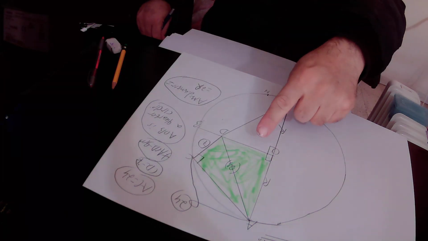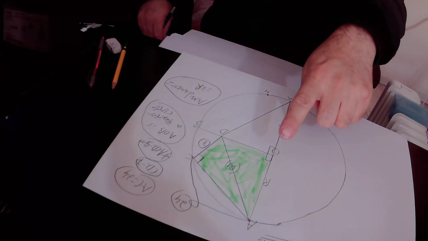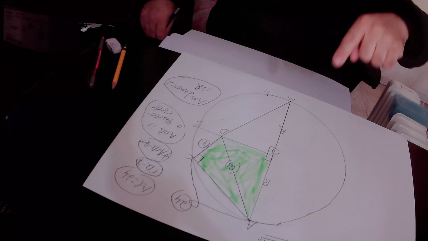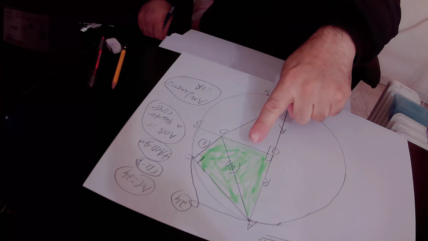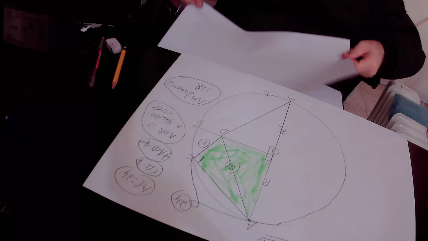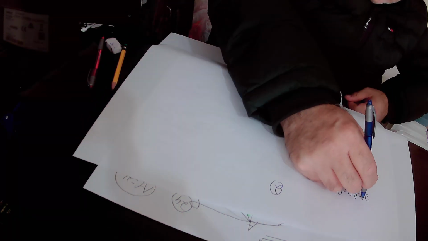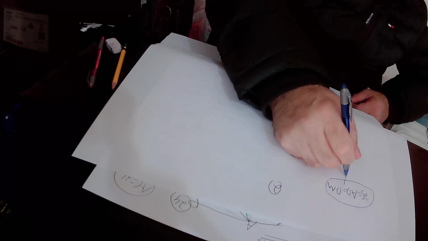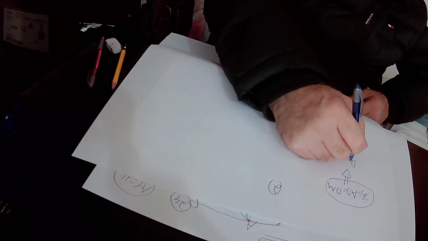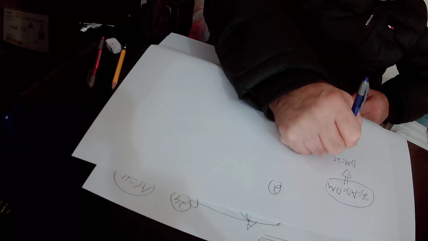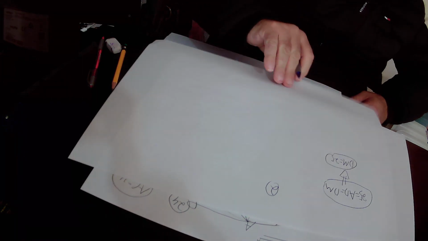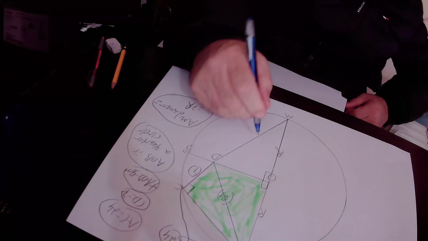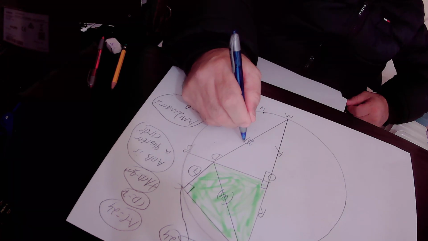But we have already found out that AD equals 25. So from the equation 25 equals AD equals DM, we derive that DM is also equal to 25. This side DM equals 25 units in its length.